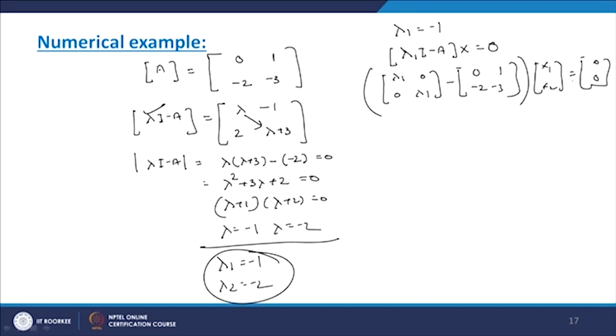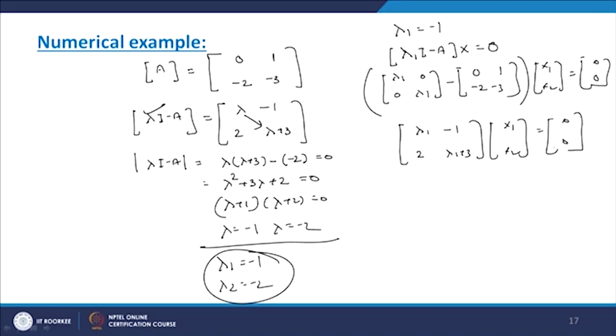Now we have to solve this equation. After solving we get the equation lambda 1, minus 1, 2, lambda 1 plus 3, times x1, x2 equal to 0, 0.